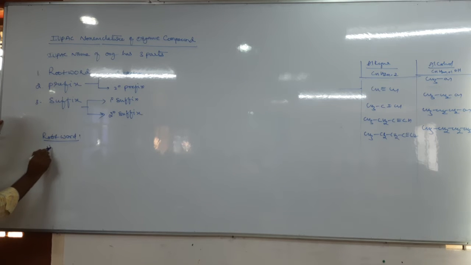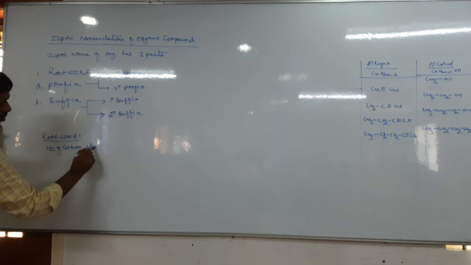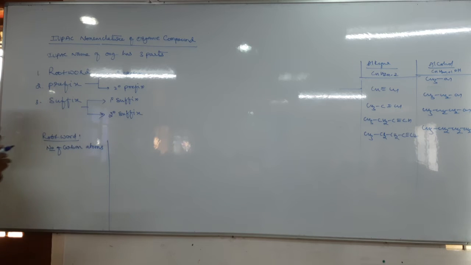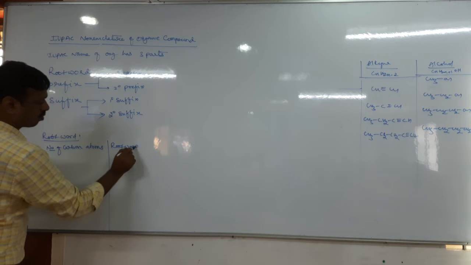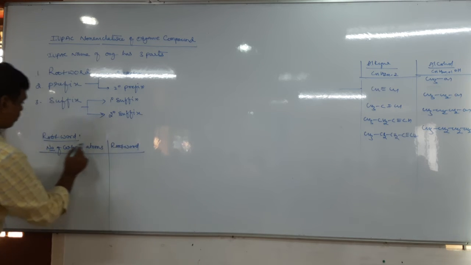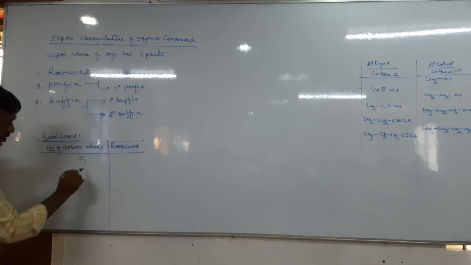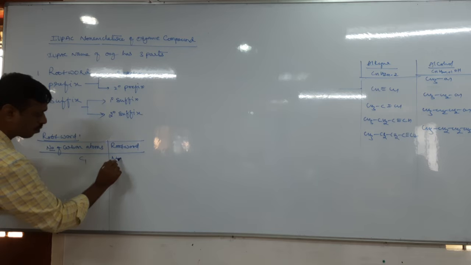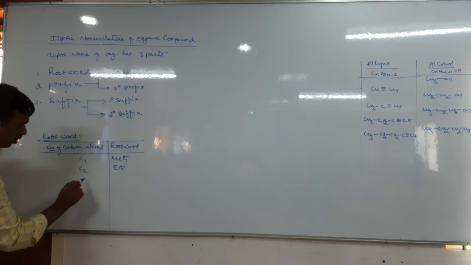It indicates the number of carbon atoms present in a parent chain. If the number of carbon atoms is C1, the root word is meth. C2, eth.